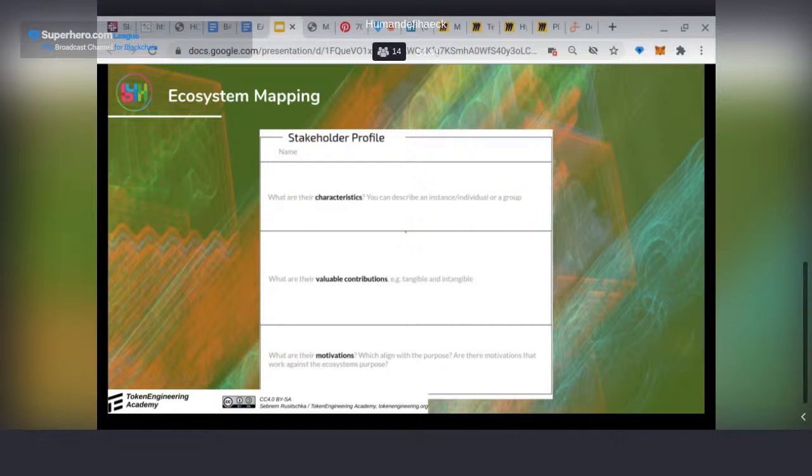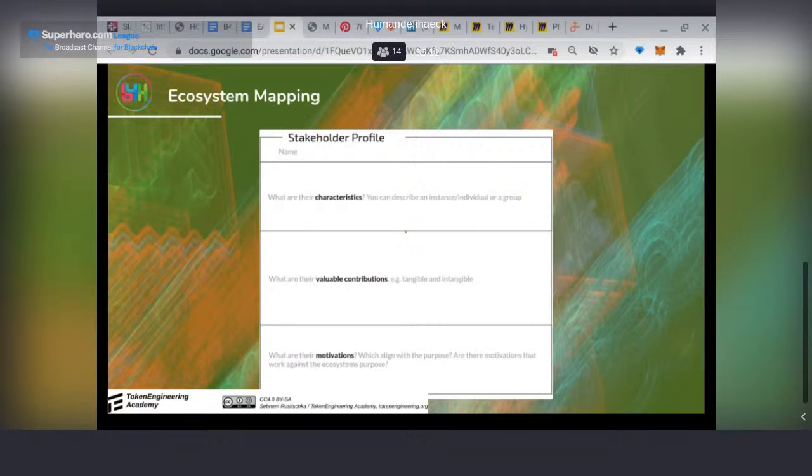And most importantly, what are their motivations? How these motivations are aligned with the purpose, or even more important, how those motivations work against the ecosystem purpose. This will also be useful for policies that we'll be defining in a later phase. We will talk about that.